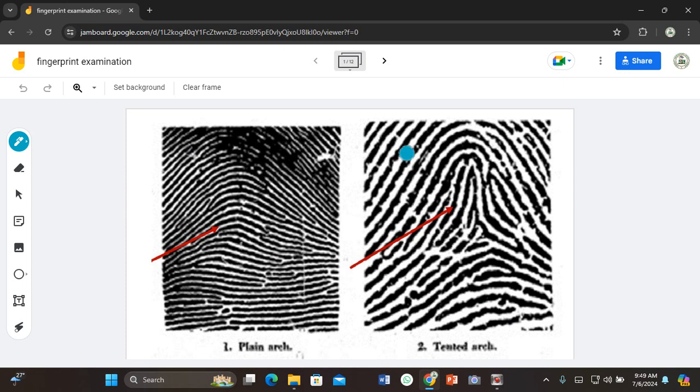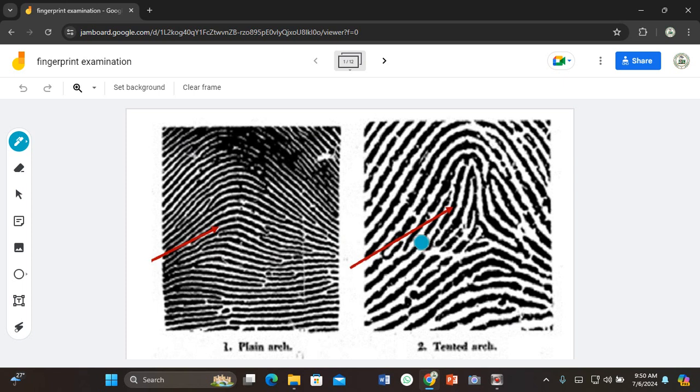An arch is characterized by ridges moving in from one side and going out of the other side of the finger.